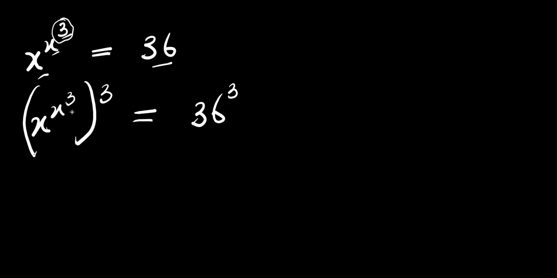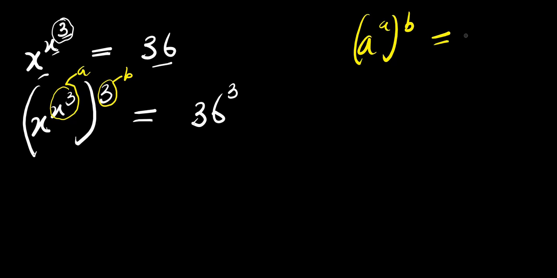Now the next thing I can do is to replace this x^3 here with a, and this is b. Now, if you have a to the power of a^b, this is the same thing as writing a^b to the power of a.